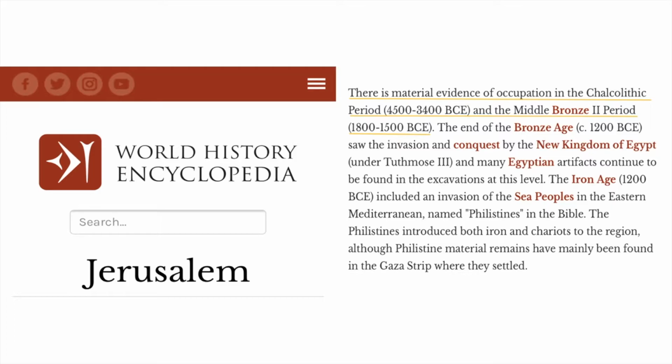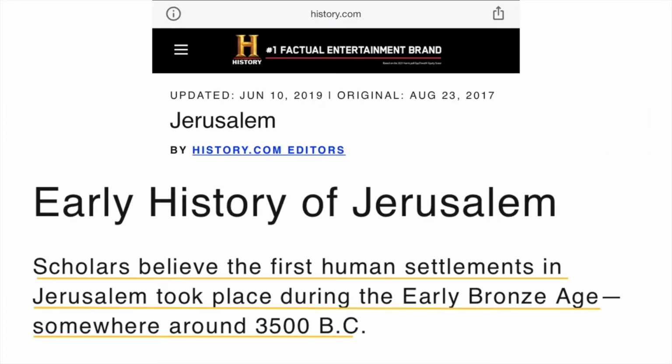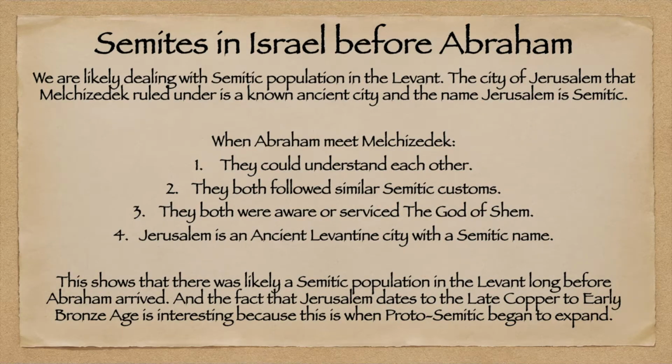And this is from history.com, Early history of Jerusalem. Scholars believe the first human settlements in Jerusalem took place during the early Bronze Age, somewhere around 3,500 BCE. All right, so we are likely dealing with a Semitic population in the Levant.